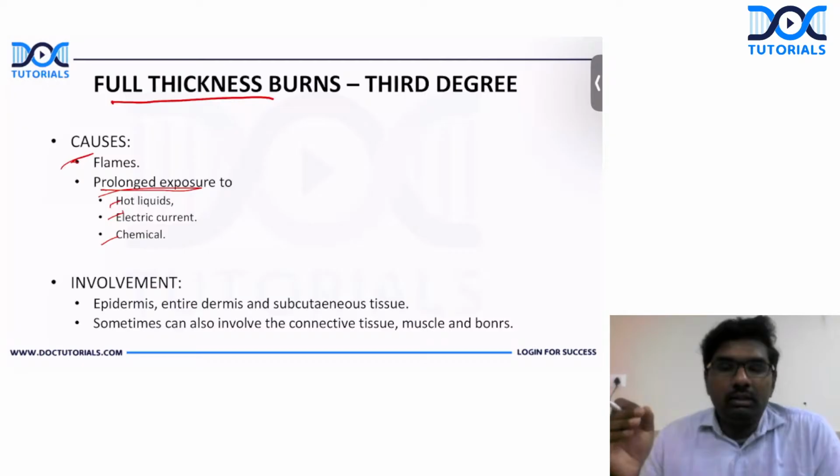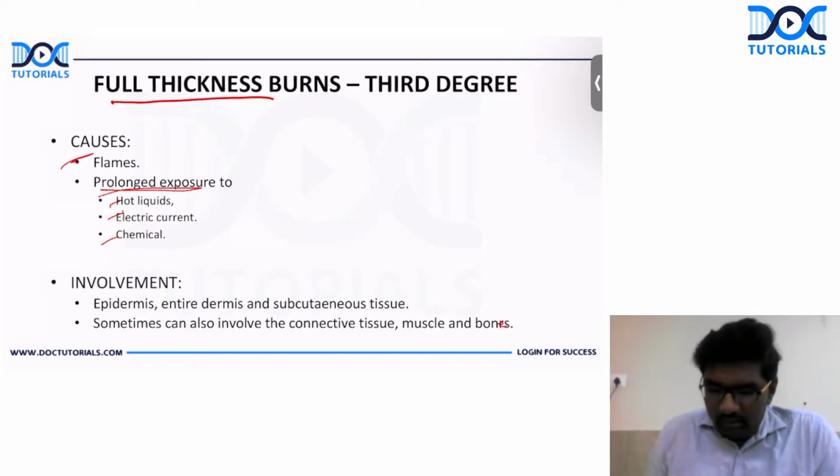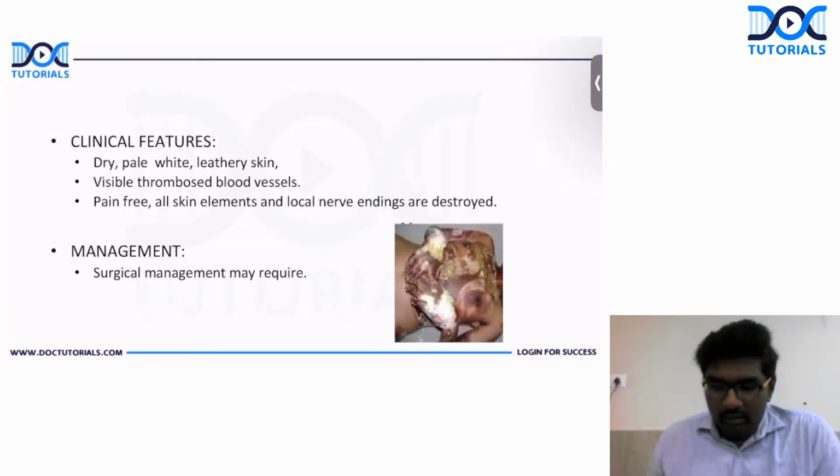In full thickness burns, as the name suggests, the epidermis, entire dermis, and subcutaneous tissue are involved. Sometimes there can even be connective tissue, muscle, and bone involvement in third degree burns.